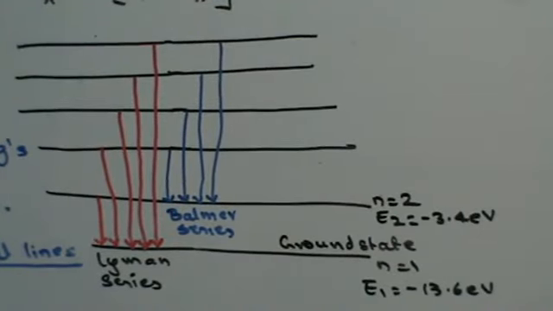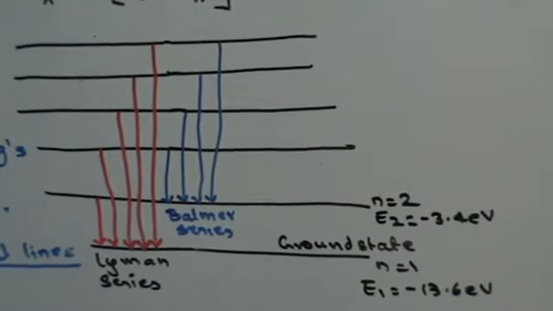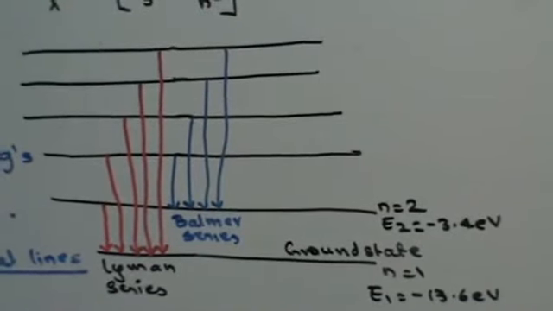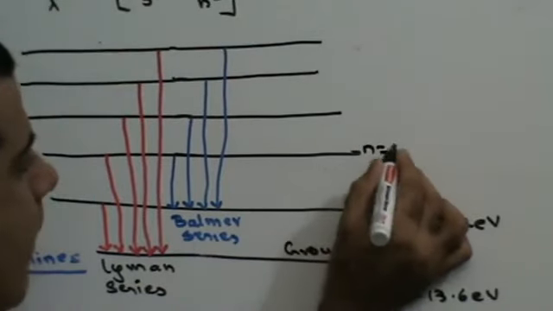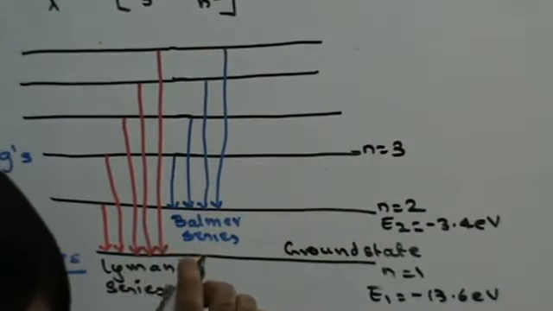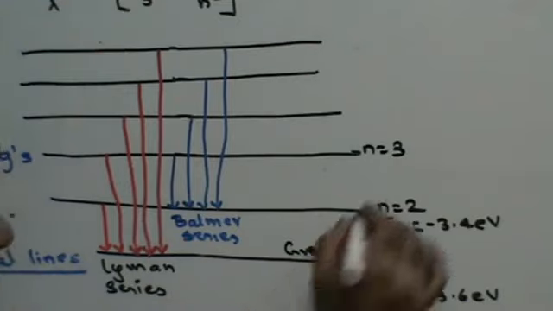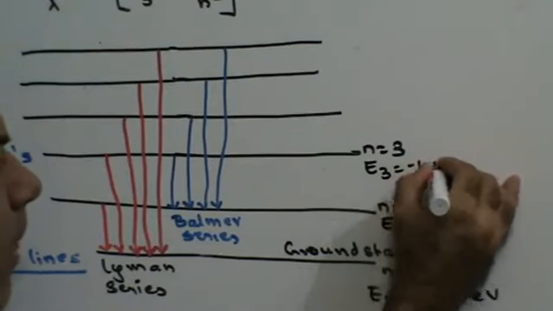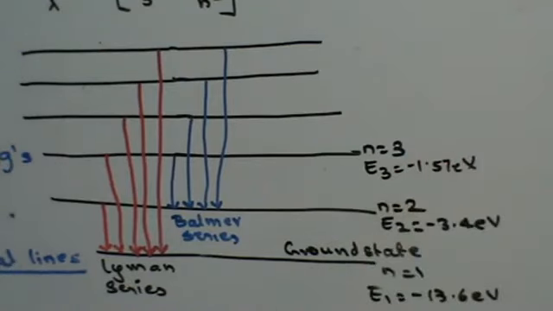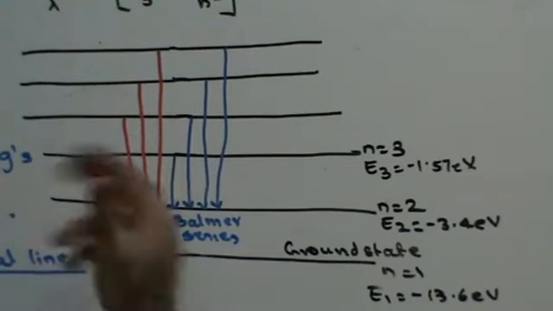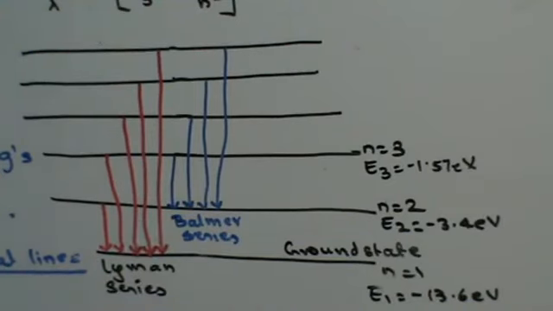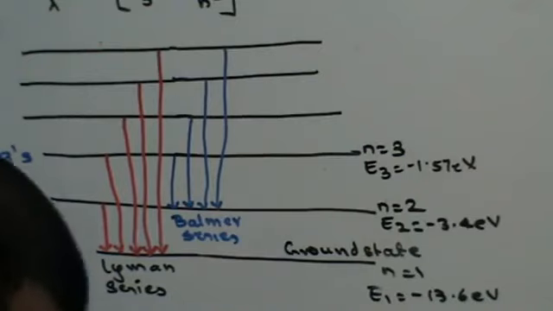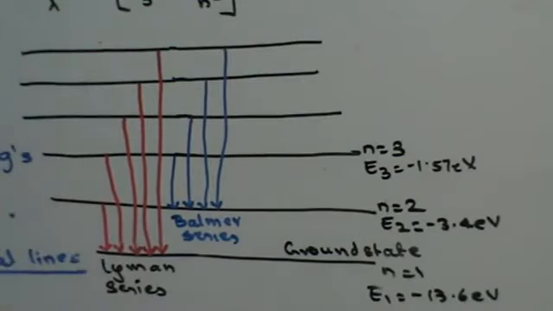And then you can have, similarly, n equal to 3. Suppose I take n as 3, then E is minus 1.57 electron volts. So if you had a transition of an electron from any orbit to the quantum number n equal to 3, then what I would get is called the Paschen series.